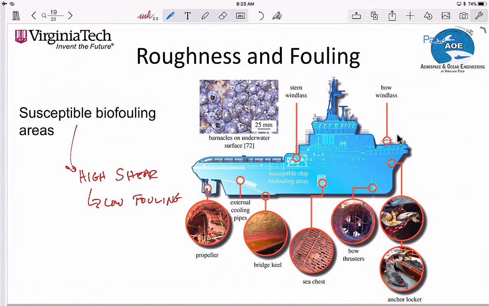But in some regions you can see some typical areas: anchor locker, bow thrusters that don't get turned on very often, something called the sea chest, where you exchange water from inside and outside the ship, the keel, external cooling pipes, maybe in regions around the propeller, not on the propeller blades themselves usually, but maybe in junctures where you don't get good washing, you'll get high fouling. That can be a problem.